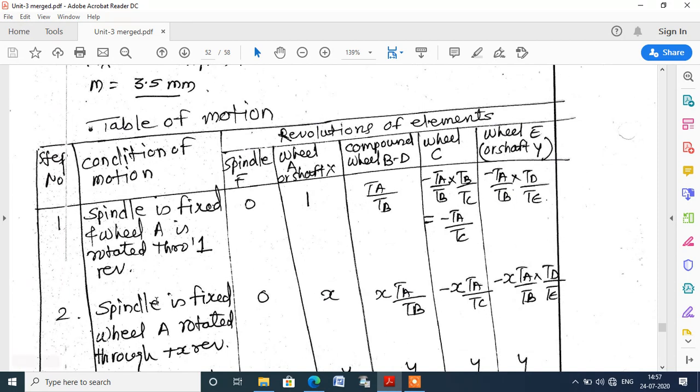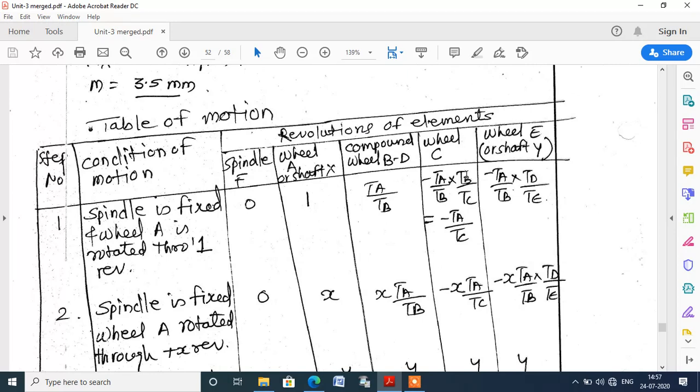As per our usual method, the first step is spindle fixed and wheel A rotated through plus one revolution, that is anti-clockwise direction. So for spindle F it is 0 because it is fixed, and for gear A it is 1. Then compound gear BD: its revolution is minus TA by TB because B is meshing with A. In a bevel gear arrangement, I told you that you have to use plus or minus sign depending upon the plane.